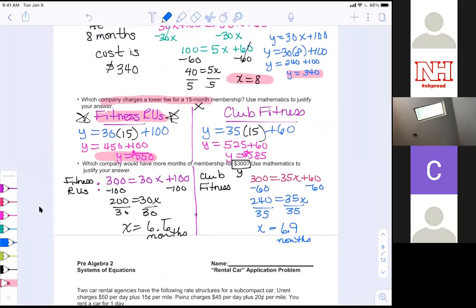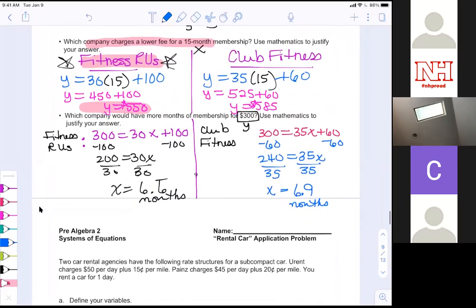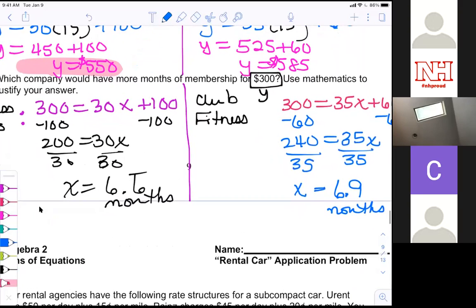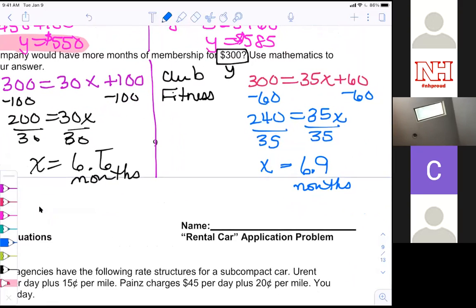So the question wanted us to decide which company would give us more months of membership. Well, they're almost exactly the same. You could say, though, that Club Fitness is slightly higher, but they're pretty much exactly the same. I would go about 6 months at either one of those.